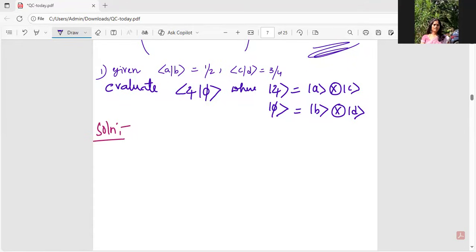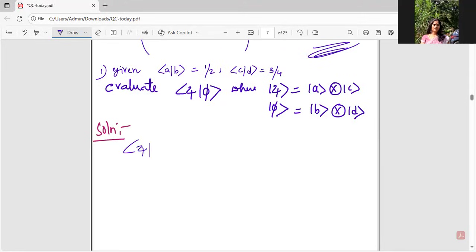Tensor product of ket xi and ket phi is something like, just see, I can separate it, guys. A tensor product is just the multiplication. Okay. So it is something like this. Ket phi is as it is, guys. But for ket xi, I'll be needing its dual.